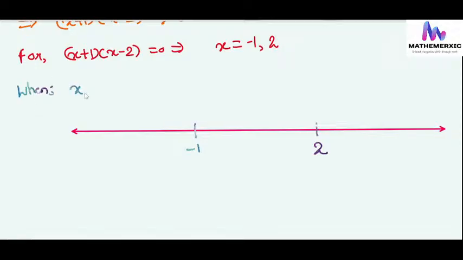When x is more than 2, so x plus 1 is greater than 0 and x minus 2 is more than 0. So we can say that this part we will just keep as positive.